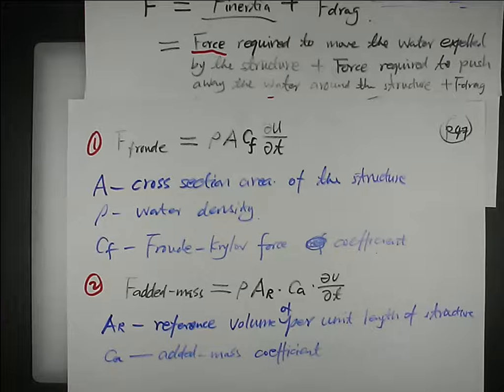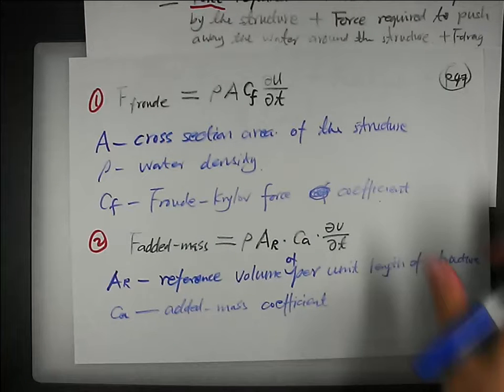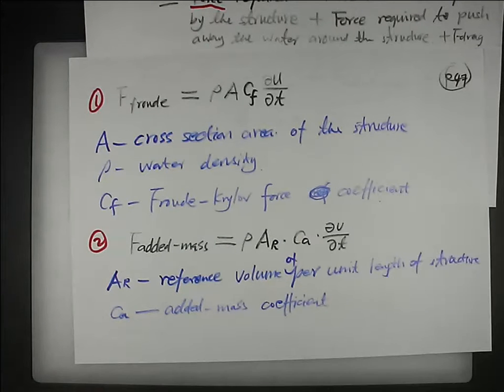So we are not going to discuss this in more detail, but you should understand that for different shapes, the value of Ca will be different. A moment later I will explain the specific cylinder case. Then the second part, the last item: fluid collar force, added mass force.